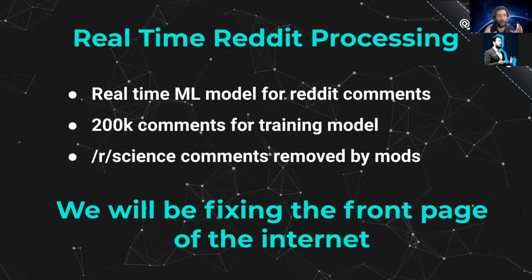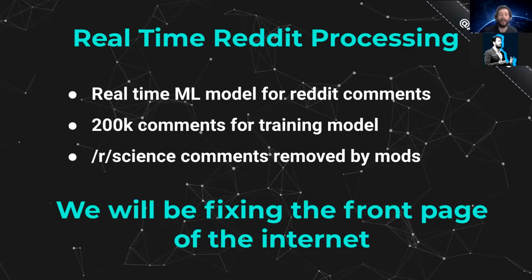So in regards to the use case, we're going to be doing real-time processing on a Reddit dataset. Reddit, as we all know, calls itself the front page of the internet. So what we have is a dataset of Reddit comments from r/science that have been removed by moderators, and we're going to be building a model using this dataset.